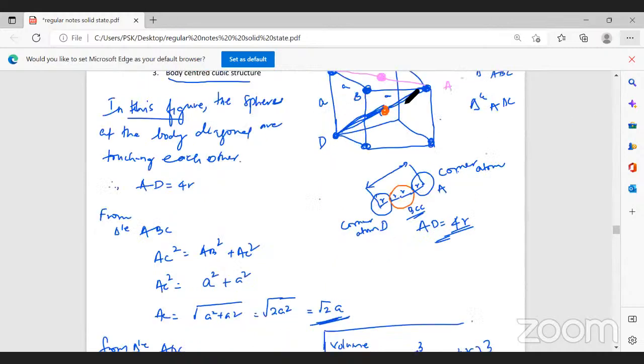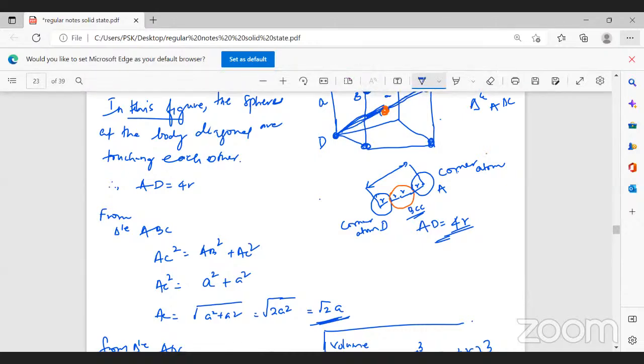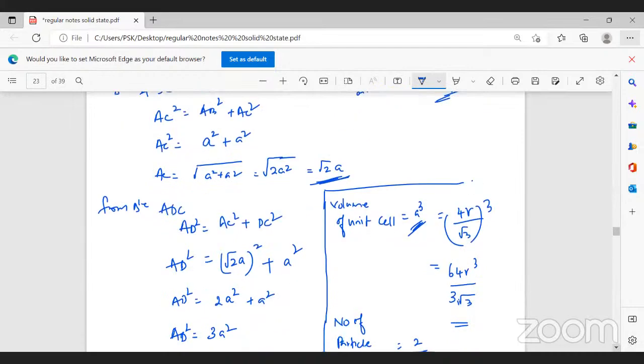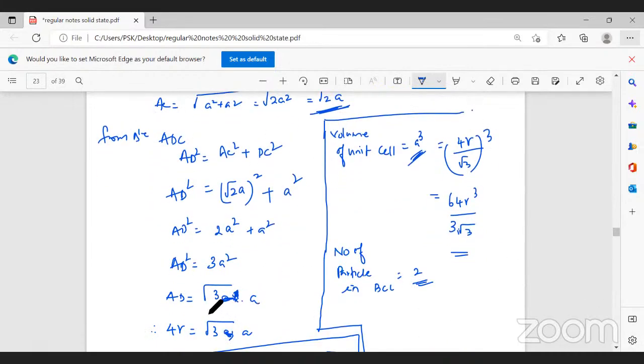Can I call this the body diagonal? Yes, sir. The diagonal is AD. What is AD? Are we getting root 3a? Can you observe this? Root 3a. Yes, sir.